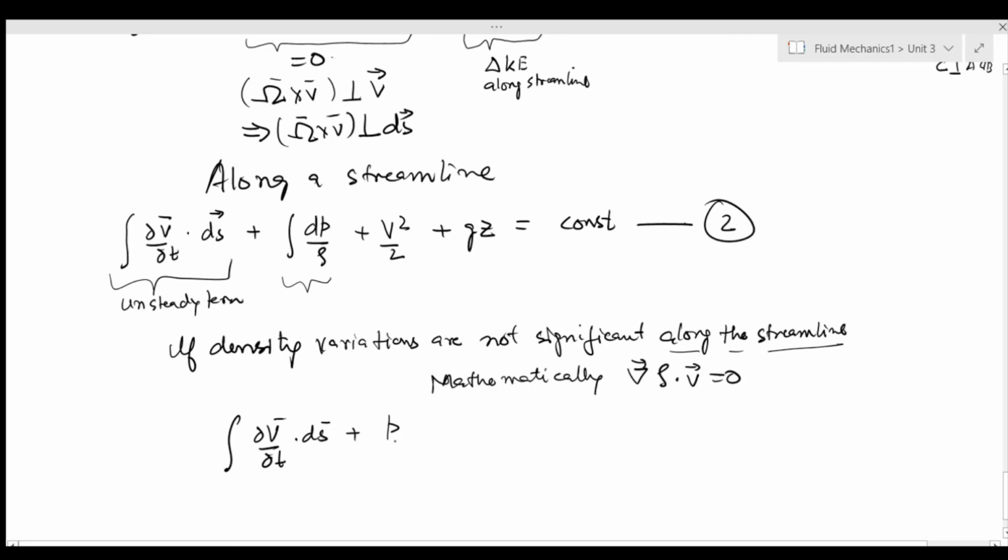This integral would go, and we have simply P by rho plus V square by 2 plus Gz. This is a constant, meaning you can put this equation between any 2 points along a streamline.